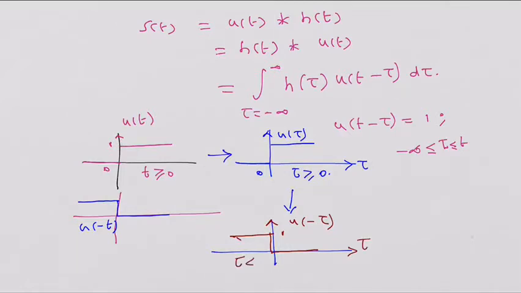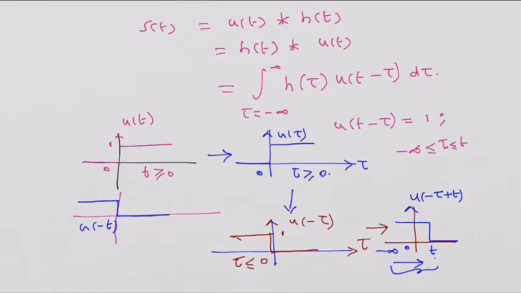For values of tau less than 0 alone, you have these values 1. And if it is delayed by an amount, you can very well see that the signal actually available somewhere from here, right? It is delayed by an amount, so up to t, that is what it is known as u of minus tau plus t, isn't it? From minus infinity to some value t, right? That is why the range is specified like this.